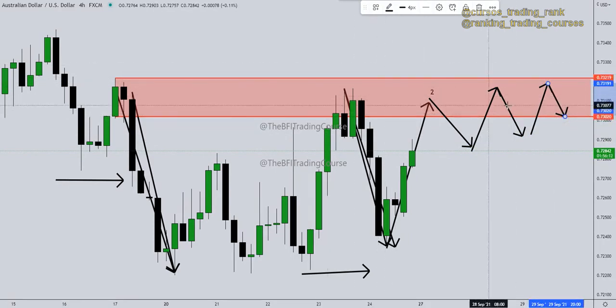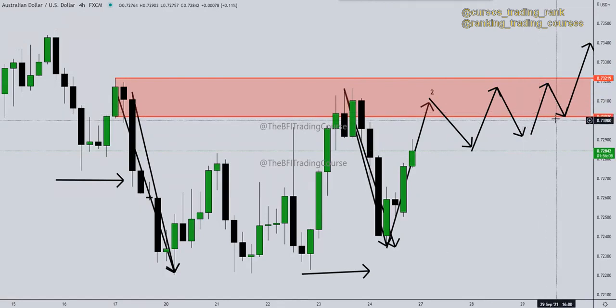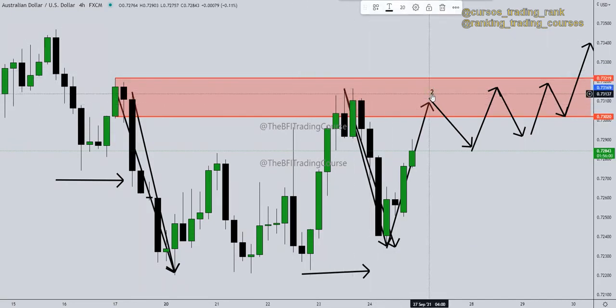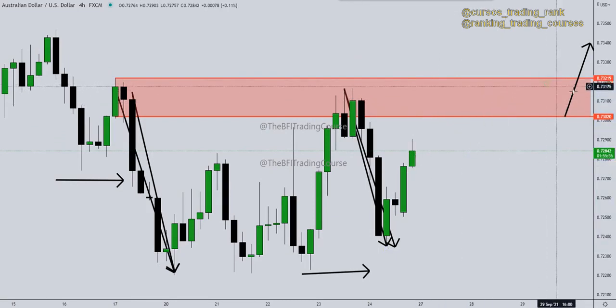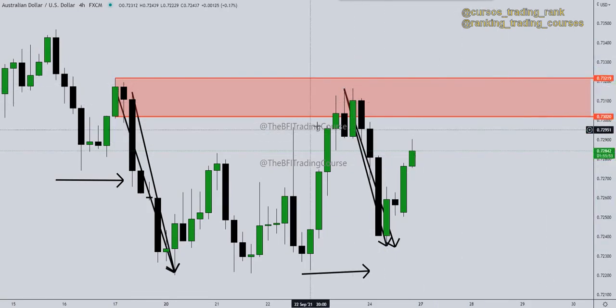This could be a wipeout scenario, and it is risky to trade a wipeout because you're buying at a sell zone. But if it is not the first retest and you see a potential wipeout scenario, you could take the wipeout trade. It really depends.